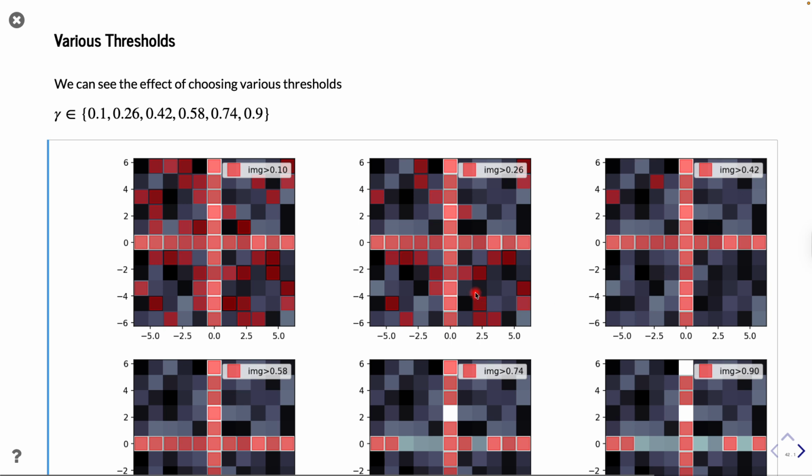And then going up, and until now, it's always false positives that we get. And then beyond 0.42, actually 0.58 is also pretty good. But if we go up to 0.74, you see that you have false negatives. So that was actually beyond what we should use. And yeah, at 0.9, we lose a lot of the cross.